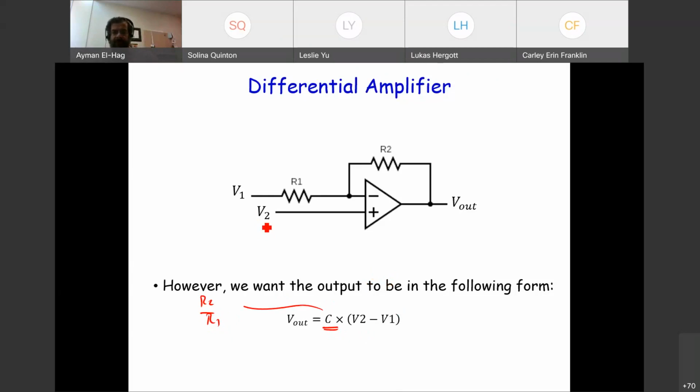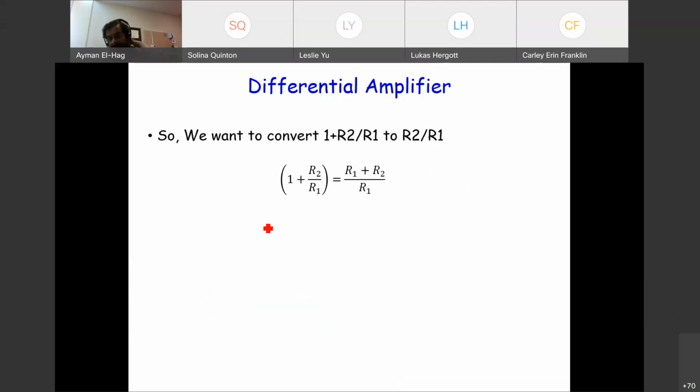Okay. So let's see here. As I mentioned, if I can change 1 plus R2 over R1 to R2 over R1, then we achieve the goal. We know that 1 plus R2 over R1 is nothing but equal to R1 plus R2 over R1.